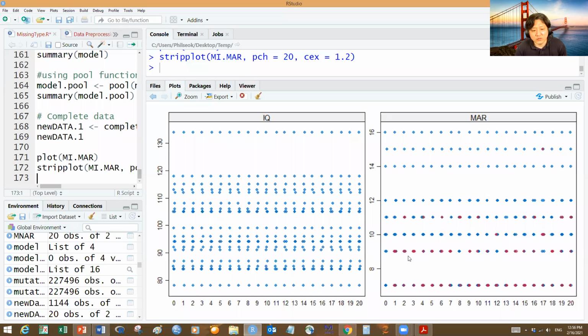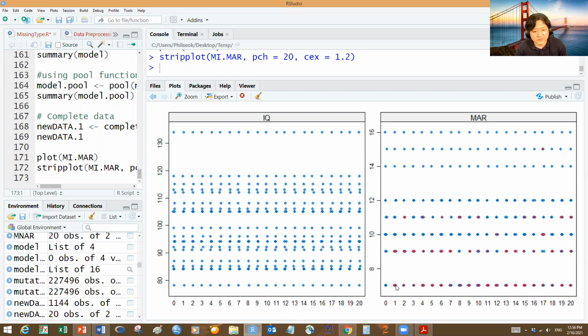We want our imputed values to fall in the range of the observed data, and here the red dots all fall in the observed range.